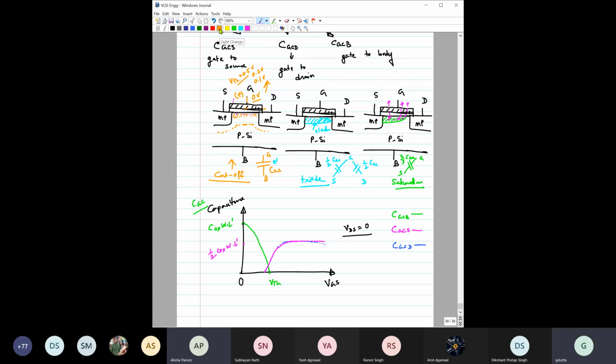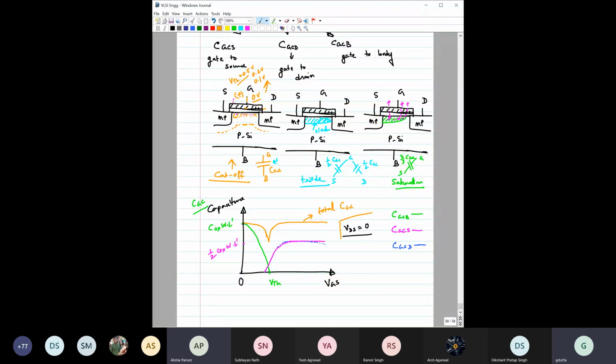And if we have to plot the total gate to channel capacitance, then it would be somewhat like this. Total CGC, total gate to channel capacitance, right?